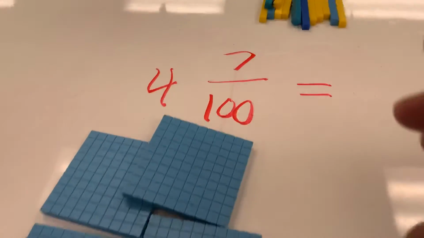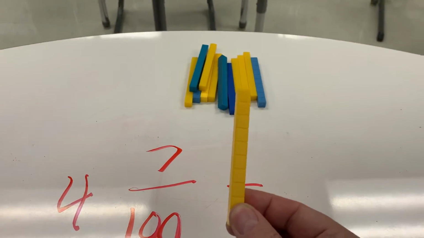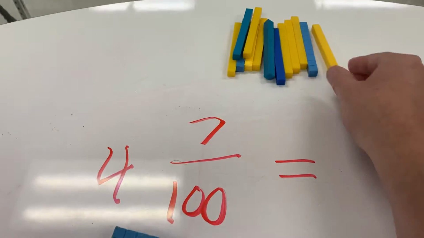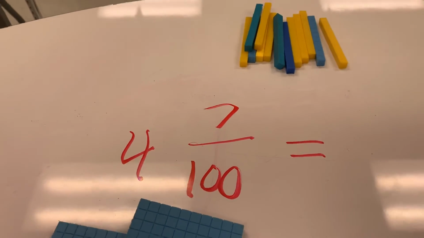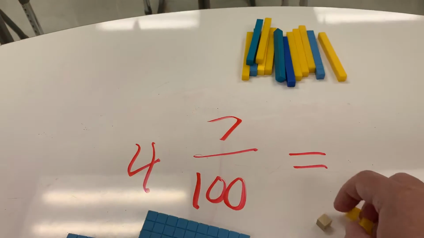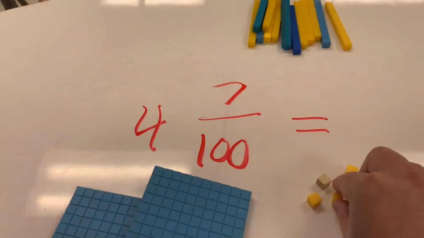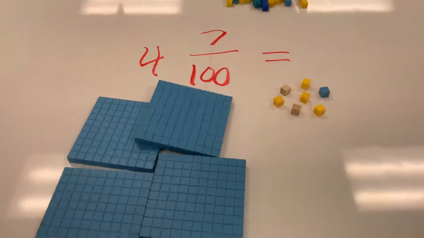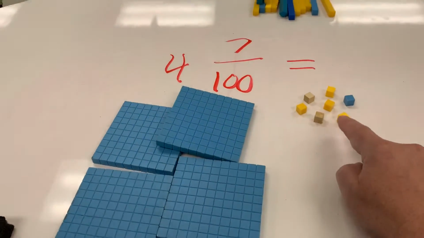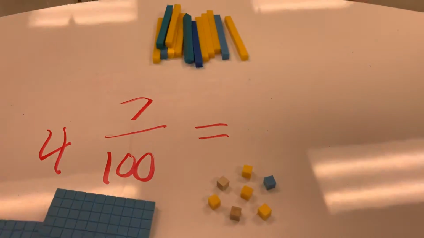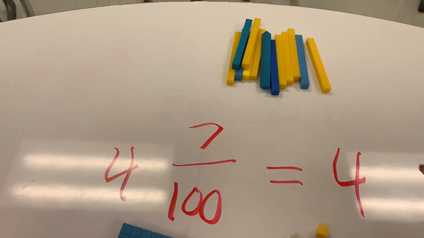Okay, there's my 4, and then my 7 hundredths. Do I need any of these? No, I sure don't. I don't have any tenths, do I? No, I only have 7 hundredths. So 1, 2, 3, 4, 5, 6, 7. So there's my answer. 4 and 7 hundredths. Now, how would I write that as a decimal? Well, I'm going to write 4 for my whole number.